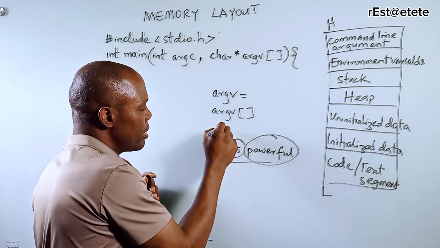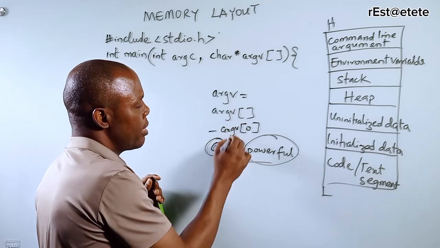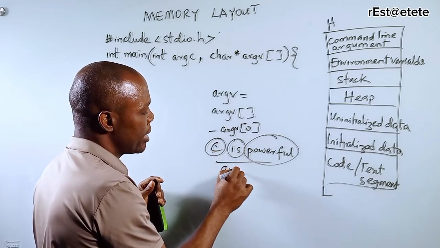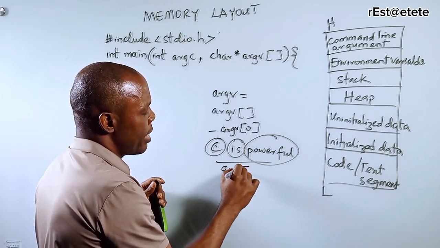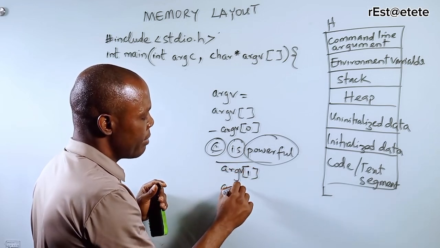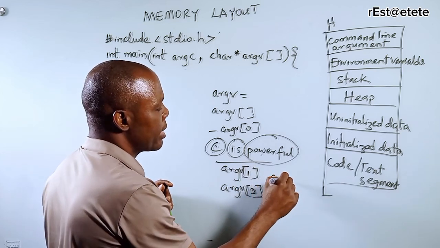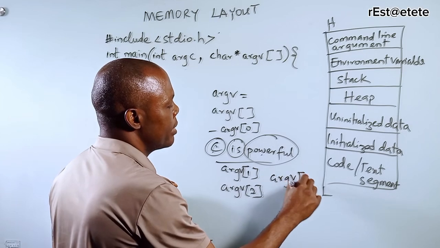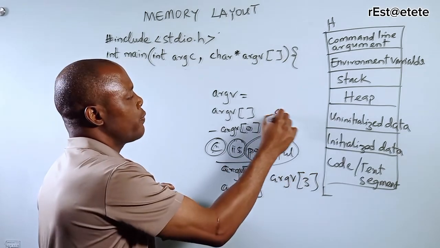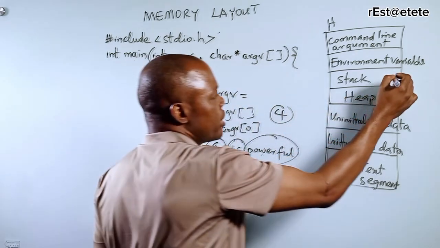The program name is argv0, this one will be argv1, this one argv2, this one argv3. So the total will be 4. That is what the argument counter will return, and it is stored in the stack.